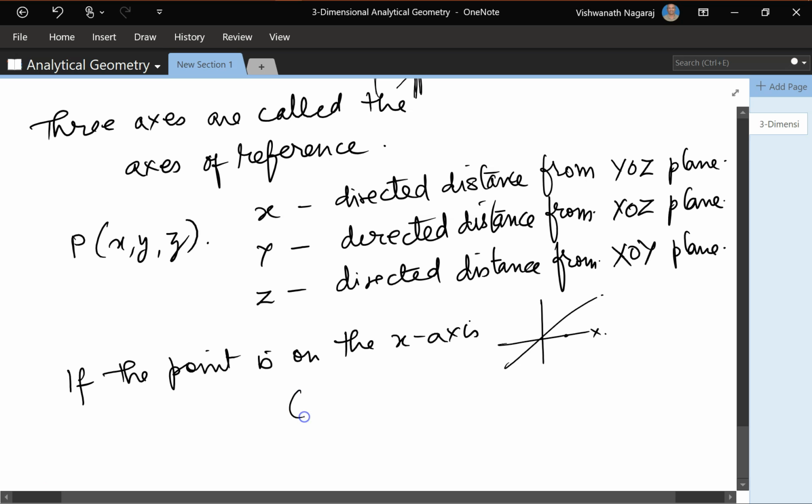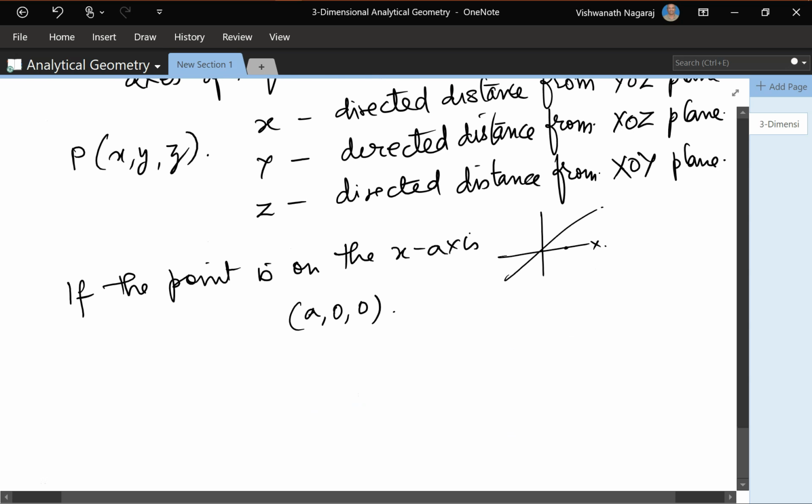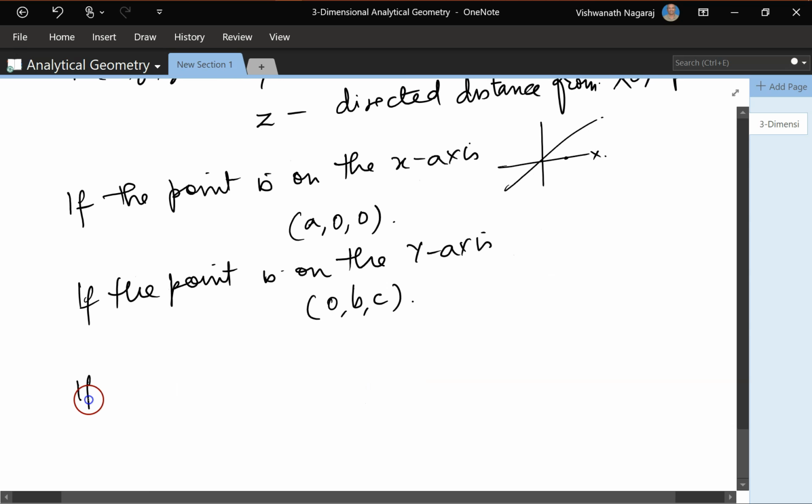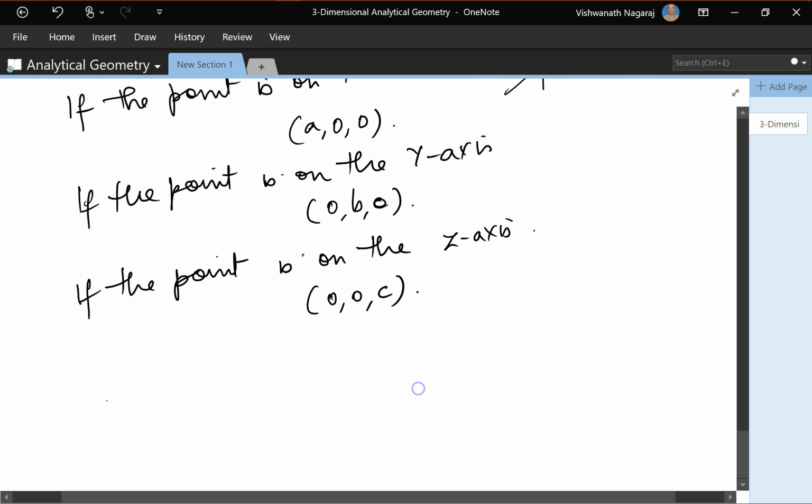So the coordinates of such a point is going to be a, 0, 0. Now if the point is on the y-axis, then the coordinates would be 0, b, 0. And if the point is on the z-axis, then it will be 0, 0, c, right?